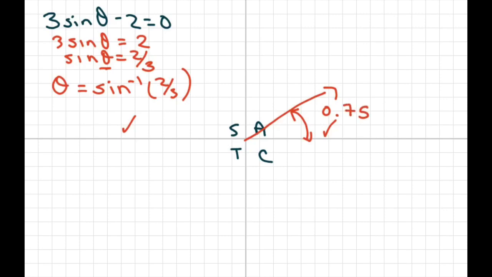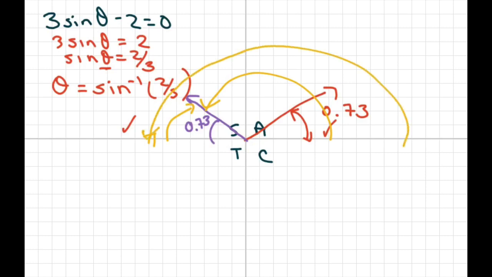Since sine is also positive in quadrant 2, that means this little bit is 0.73. I'm merely going to get this whole angle here, I'm going to take pi minus that to get this total angle, because we know this whole angle here is pi.